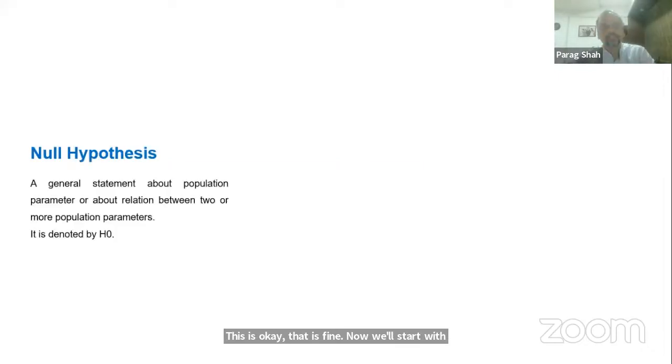Okay, that is fine. Now we'll start with hypothesis testing. First we need to understand what the null hypothesis is. The null hypothesis is a general statement about a population parameter or about the relation between two or more population parameters.